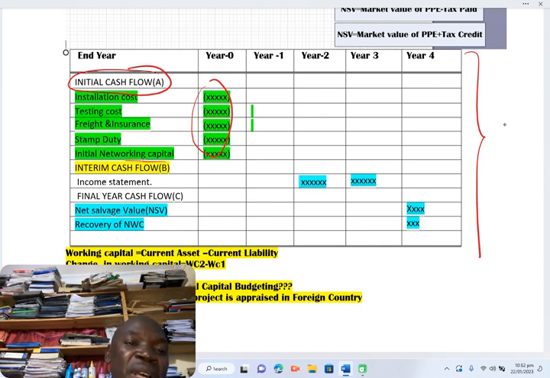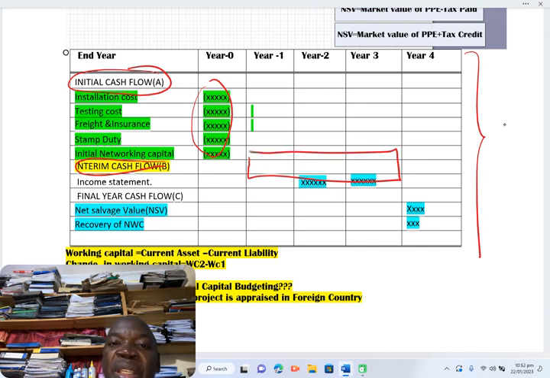Interim cash flows are the cash flows which arise between the start of the project and the final year. The final year cash flows are the cash flows which arise at the end. So this is capital budgeting.